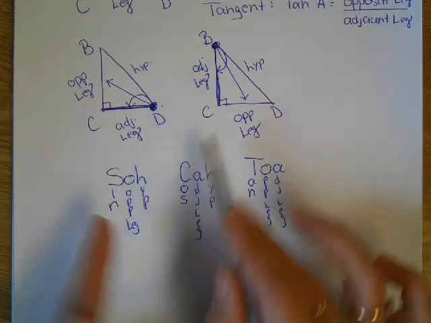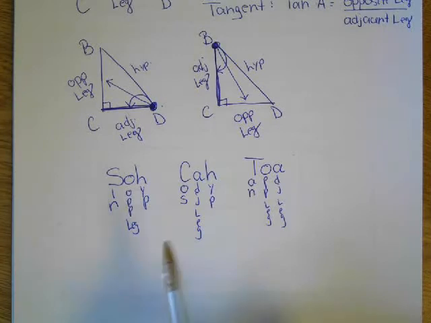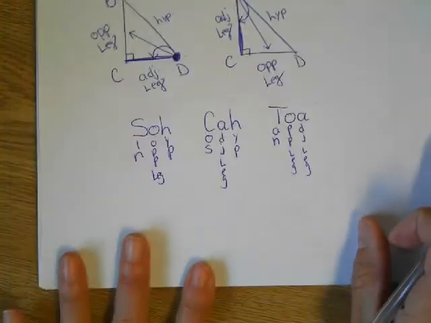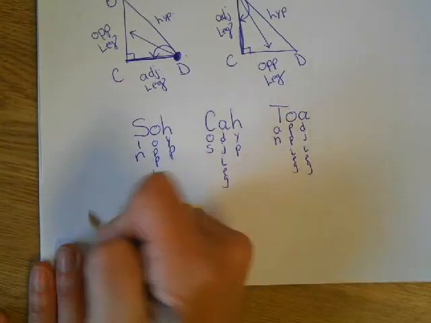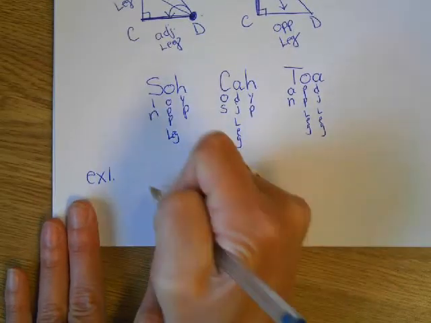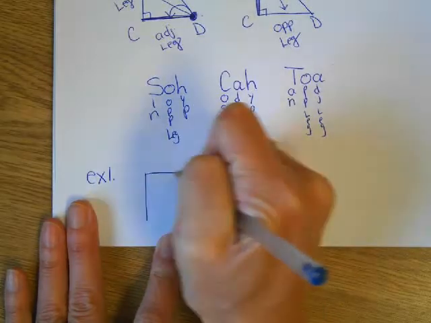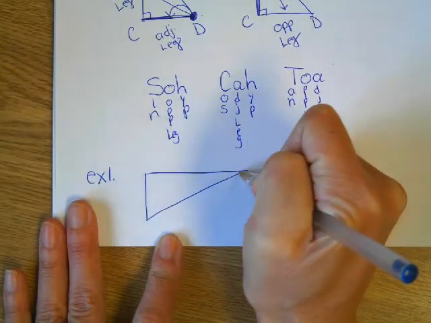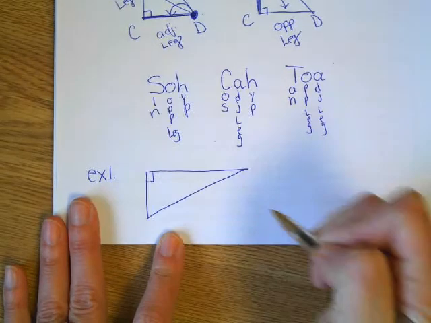So let's practice picking the right two sides for the ratio. We'll move into our first example. I'm going to move the triangle around a little bit, rotate it so it's oriented a little differently.